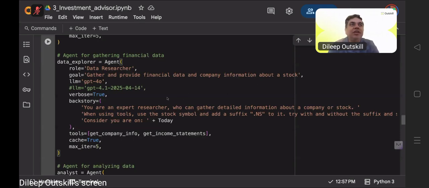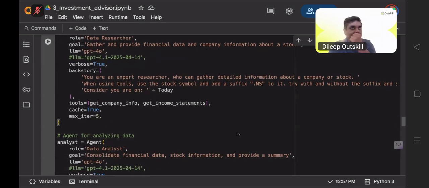So it will tell you, you are an expert researcher who can gather detailed information about a company or stock, and when using tools, use a stock symbol and add a suffix NS. This is because for Indian stocks, you have to add the suffix NS while searching on the Yahoo Finance API. So I'm giving it this information.